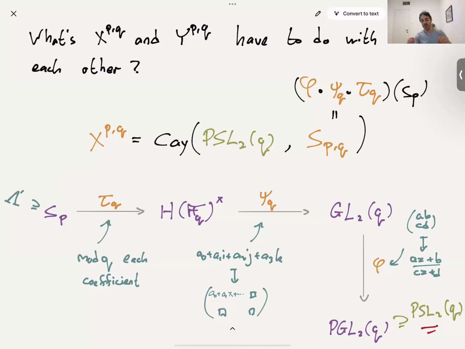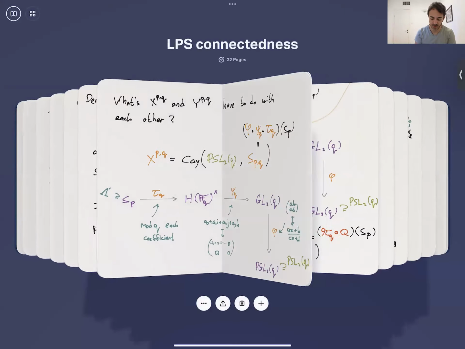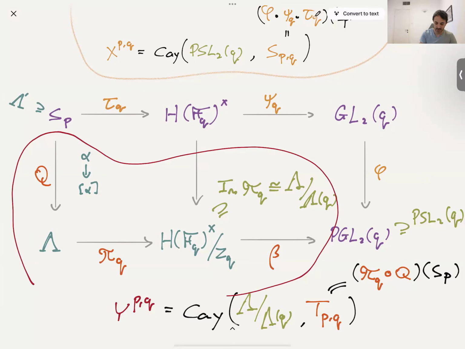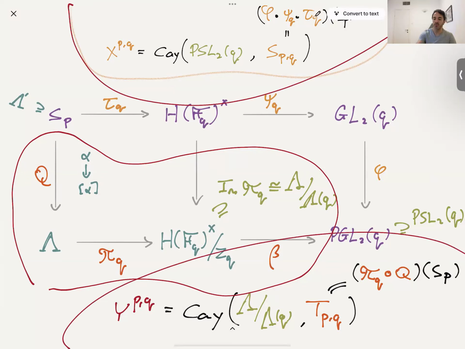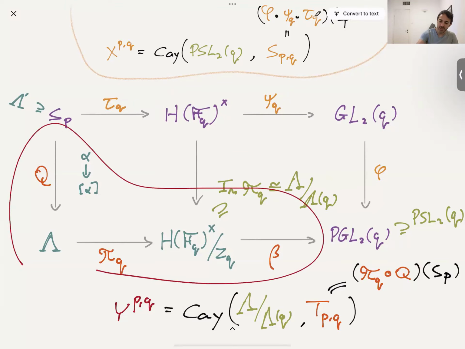Imagine you remember that, maybe not in this diagram form, but more or less. And let's now add YPQ to the picture. So this is the same diagram from before, but now I added all of these. This is XPQ from before, and I want to talk about YPQ. So what's happening in this new part?